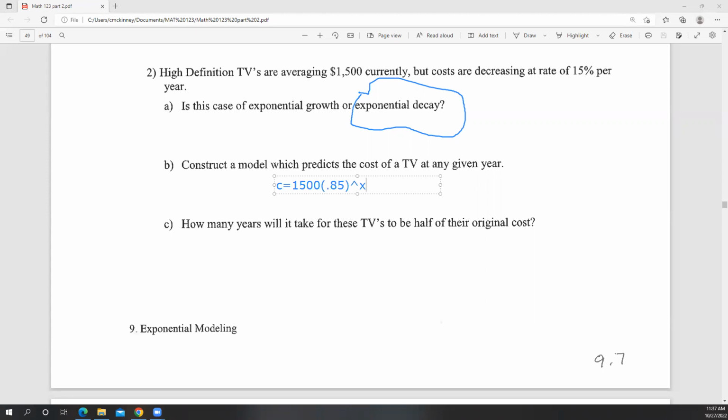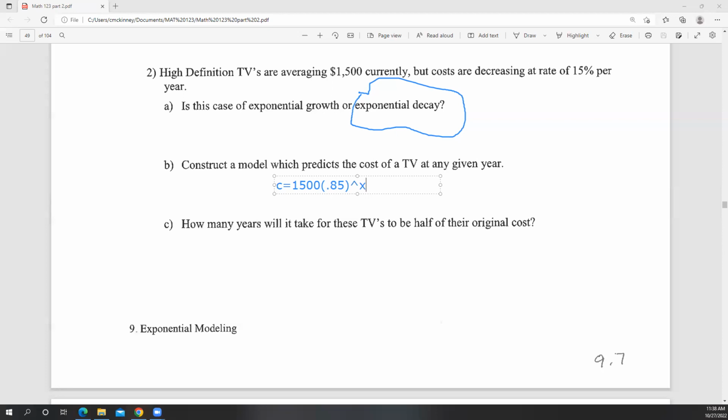So how many years will it take the TVs to be half of their original cost? Between 4 and 5 years, yes. And Randy, did you just experiment with a few numbers there? Yeah, I just did 5 the first time and 4 the second. Good. And so we would be looking like we want it to come out to be 750, right?